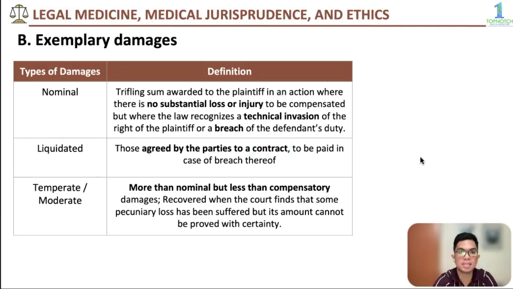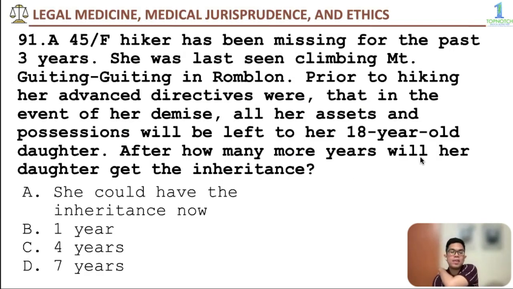Kaya siya temperate. Alright? Next, 45 female hiker lost for the past 3 years. Usapang inheritance. So, kailan madedeclare na pwede nang ipamana yung mga ari-arian ni 45 female hiker? That's after 7 years. Okay?